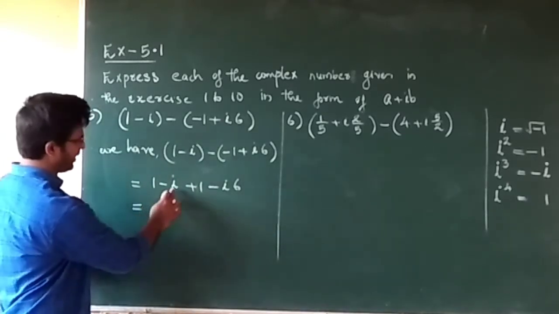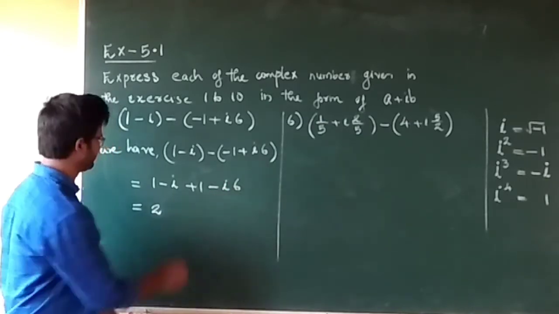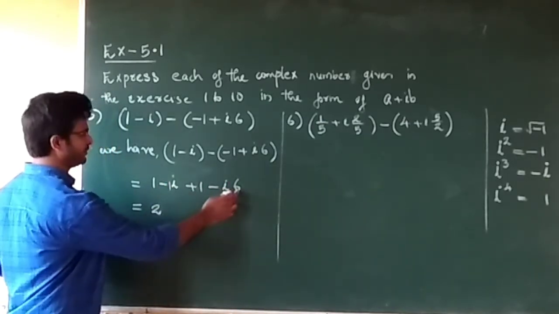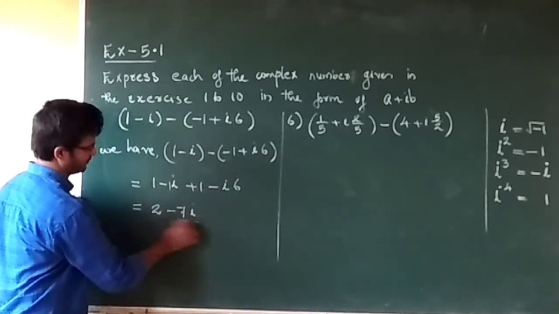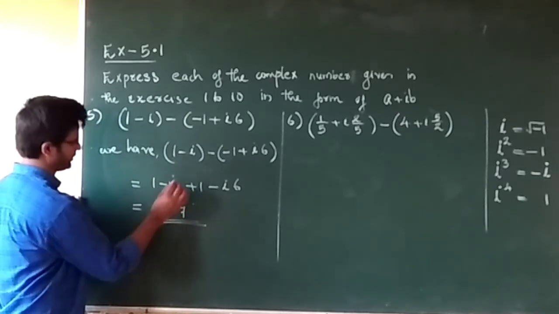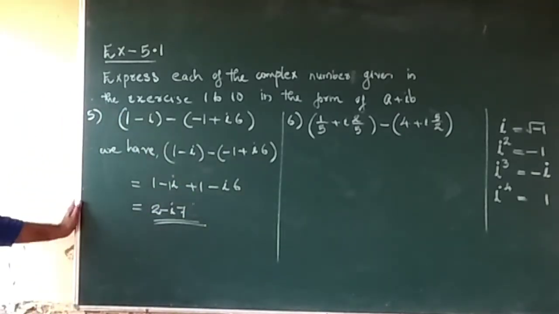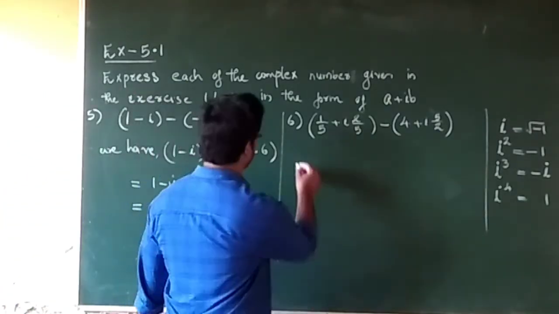Then minus i minus 6i, otherwise i6. 1i minus 6i, you get minus 7i. We can write 2 minus i into 7. That is our required complex number in the form of a plus ib.